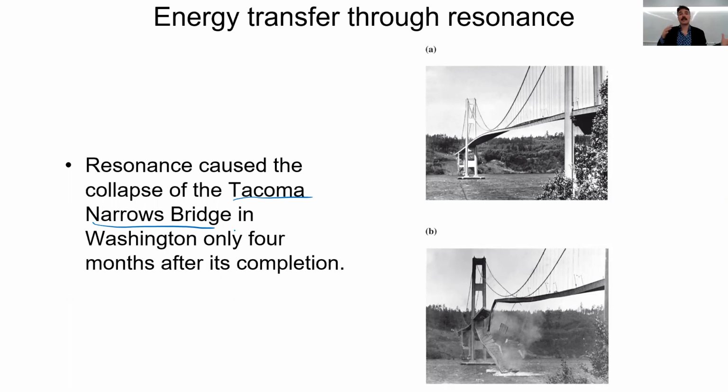So it was periodic gusts of wind coming through and going around this bridge. And that set up a resonance with the natural frequency of the bridge. People used to drive over this and say, wow, this thing's really swinging around a lot. And they called it Galloping Gertie. And then, a few months after it was built, the whole thing collapsed. So that's bad resonance, I guess.